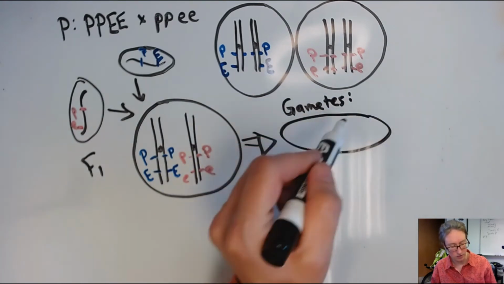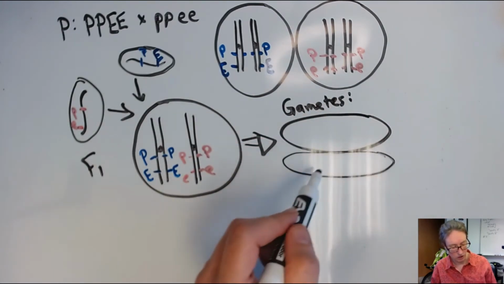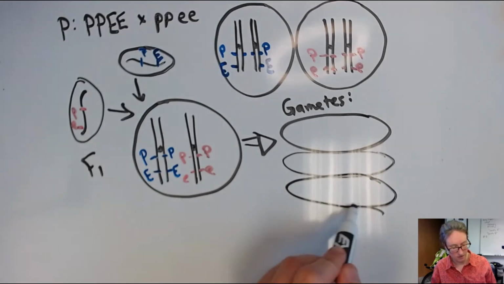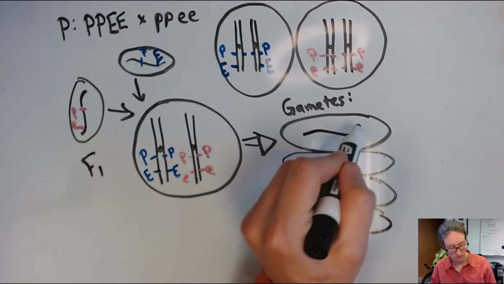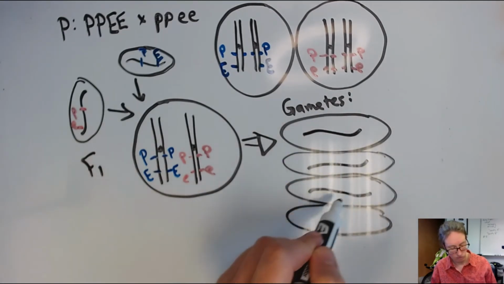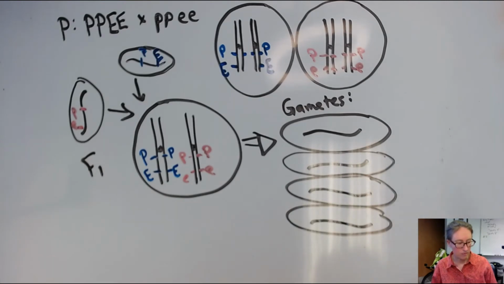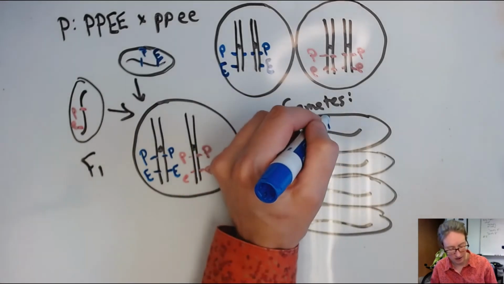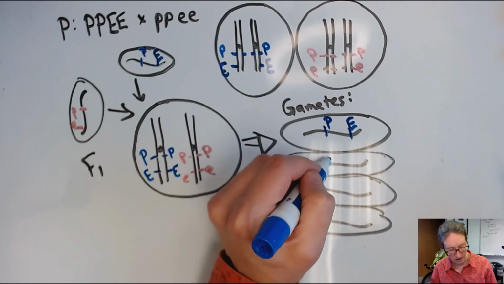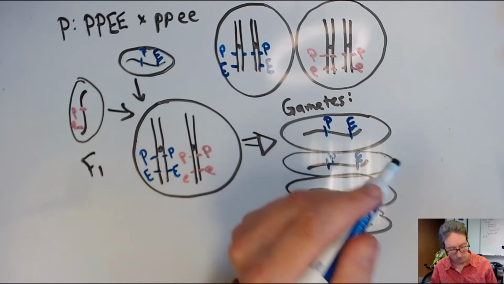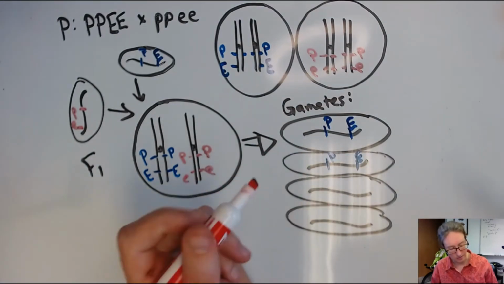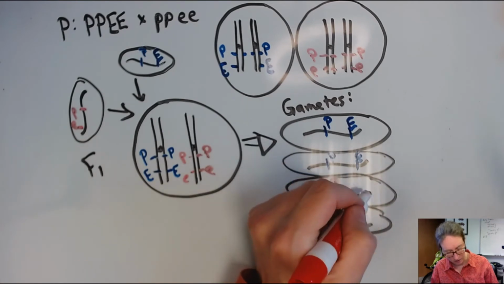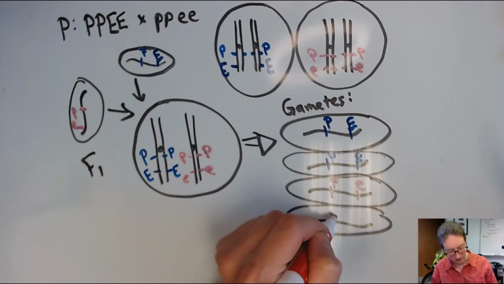it's going to produce, we'll draw out all 4 gametes here. It's going to produce gametes that have big P, big E, and it's going to produce gametes that have little p, little e.